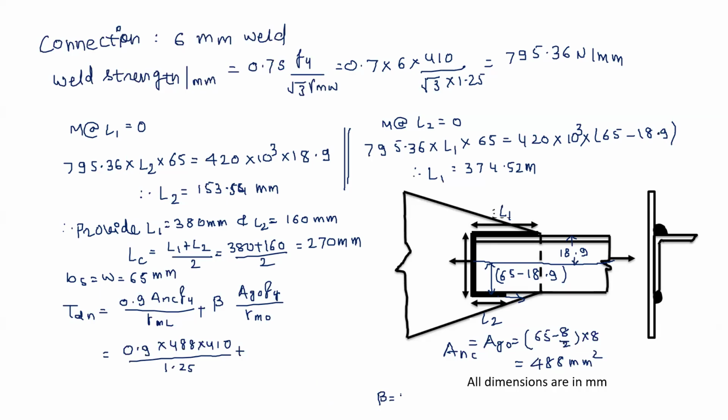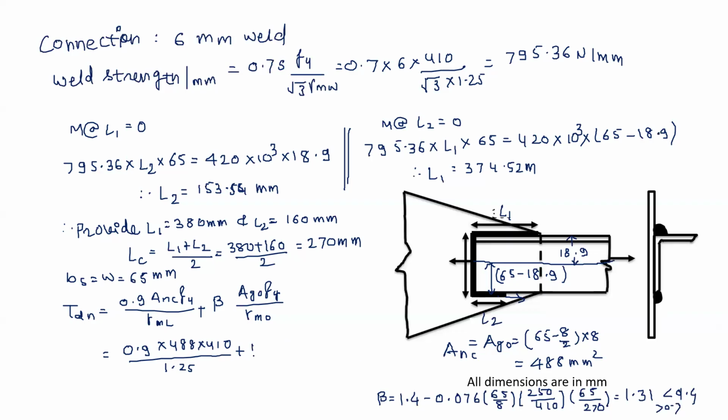So all values we know, 1.4 minus 0.076, W is 65 upon 8, 250 upon 410, BS is again 65, LC we have 270, and from this you will get beta equal to 1.31. This is less than 1.4 and greater than 0.7.